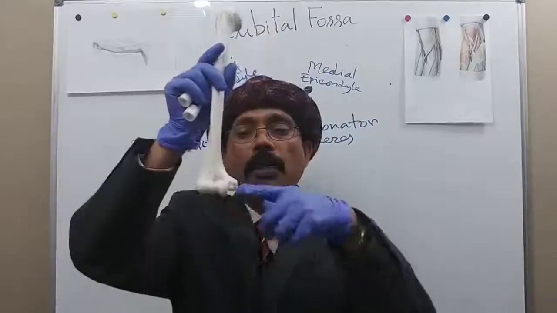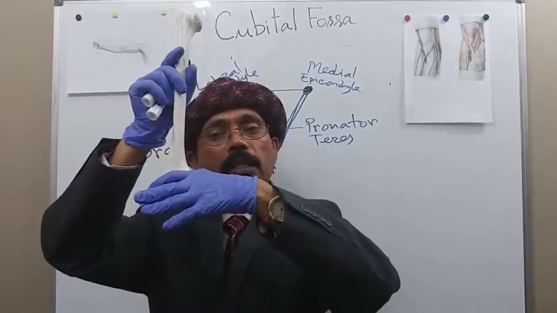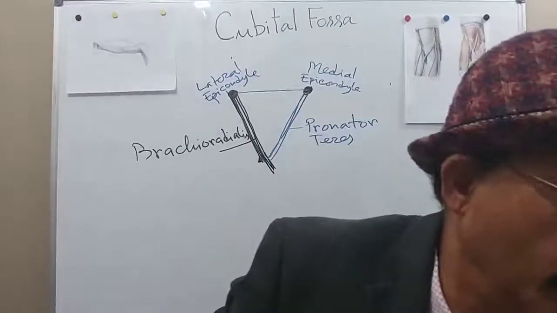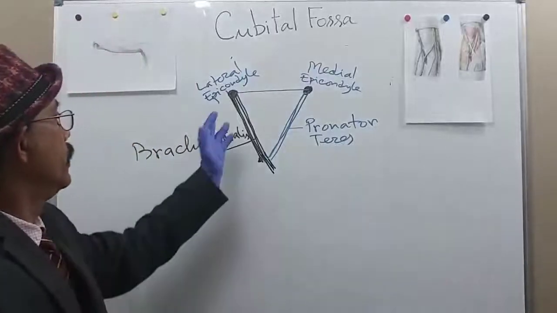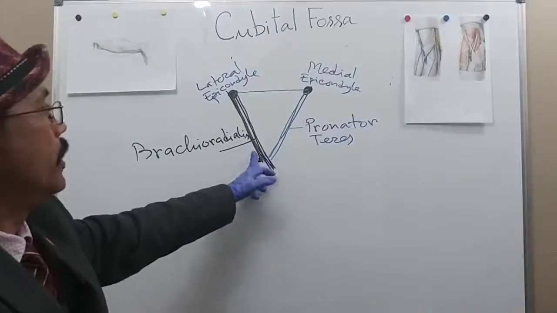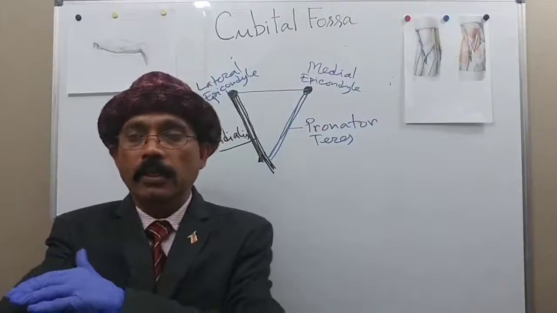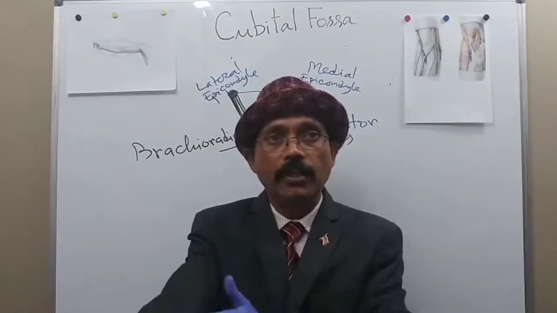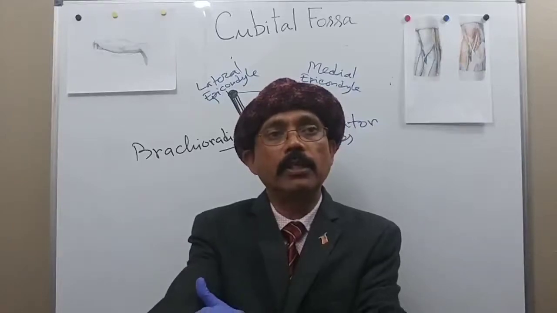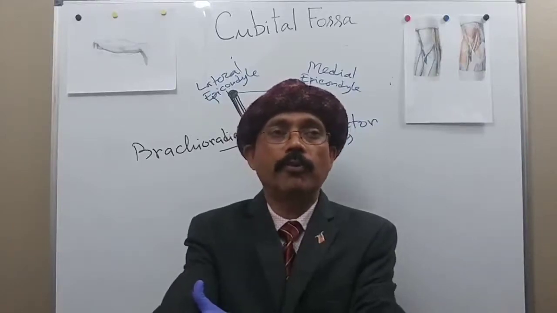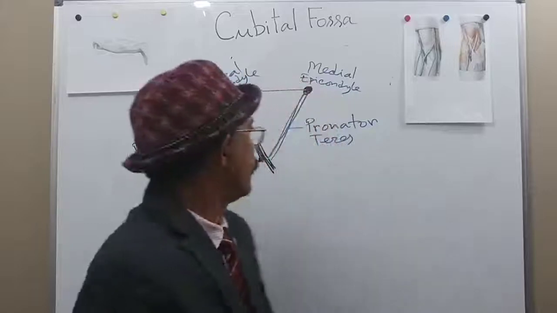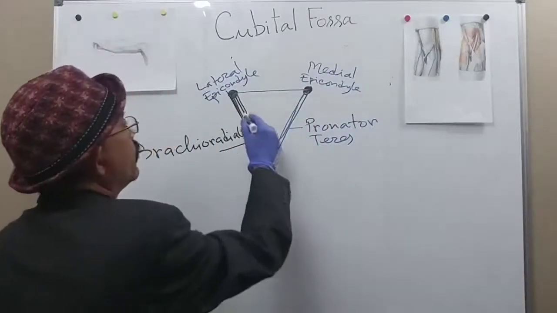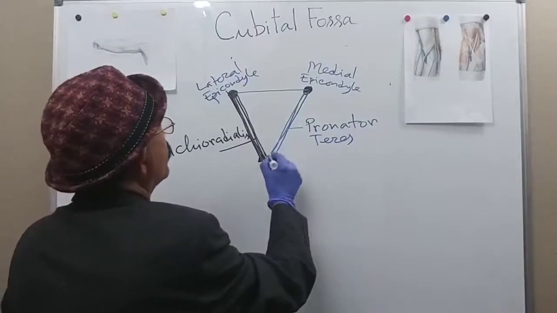Okay. We have an imaginary line between the lateral epicondyle and medial epicondyle, and we got the boundary. The medial border of the brachioradialis forms the lateral boundary. The medial boundary is formed by the lateral border of the pronator teres. The apex is the meeting point of the brachioradialis and pronator teres.